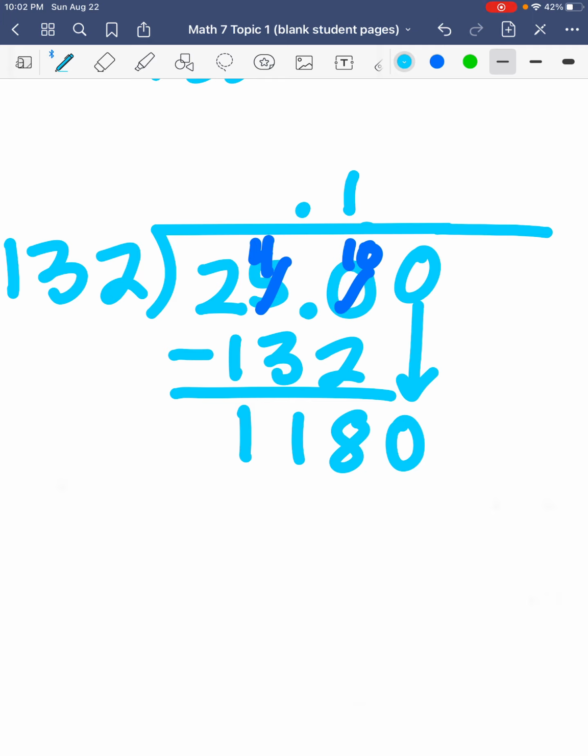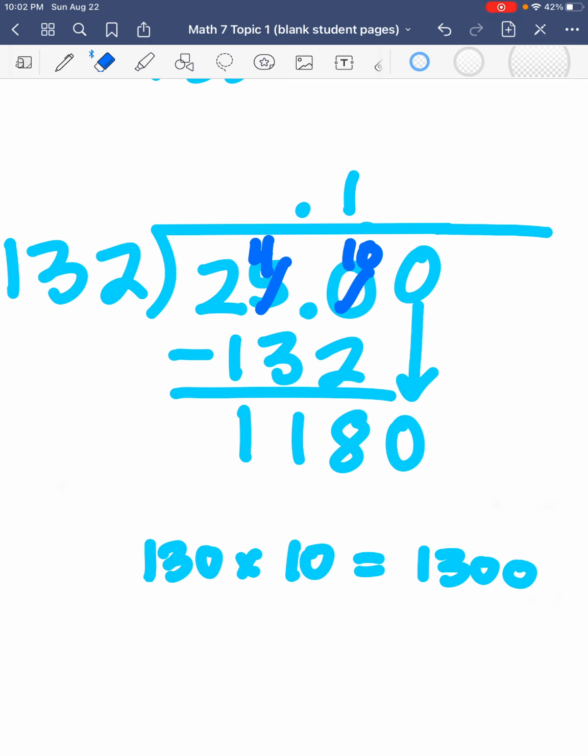So I know it's going to be kind of a big number, but it's not going to be 10 or 9. Because when I think about 10, 130 times 10, that would give me 1,300. So I'm quite a ways away from that, but not too far away from that. So, you know, only 120 away.